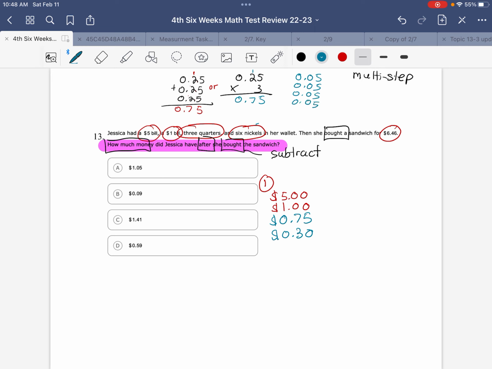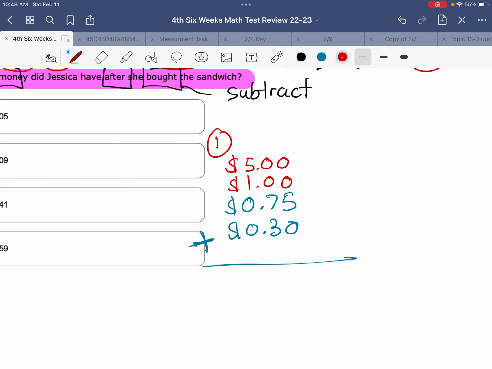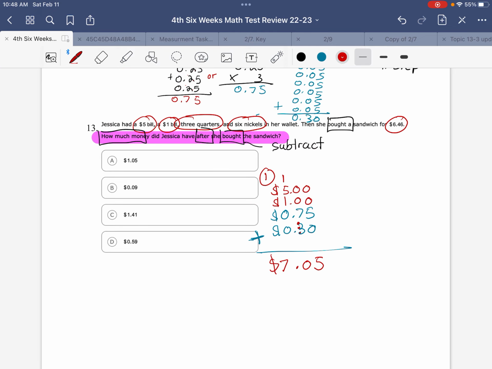If you add this 6 times, you will get 0.30. Now when I add it, I have 5, and then I have 7, 8, 9, 10. Drop my decimal, and then I have 5, 6, 7. So I have $7.05 that's in her wallet.